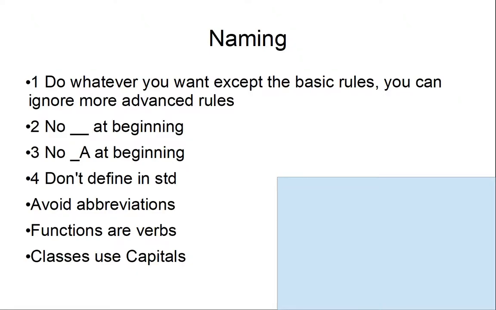Here are some other simple rules. 1. While you are allowed to use double underscores in certain scopes of names, it is easier to avoid doing so entirely. 2. As I mentioned earlier, do not use an underscore followed by a capital letter. 3. Avoid abbreviations when possible. 4. Function names have a descriptive verb like a get or set. 5. Types, such as classes, use a capital letter for each word. 6. Variables begin with a lowercase letter.